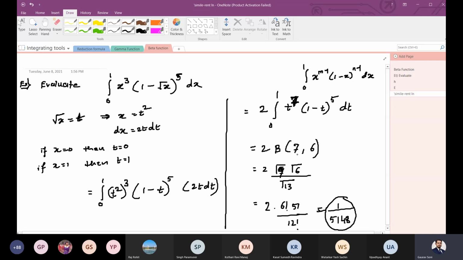So this will be 8, so this will be gamma of 8, and this will be 7 factorial. But still the final answer is this. Can check it later. Fine.